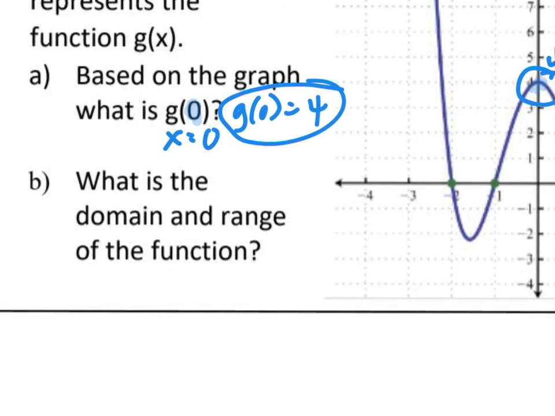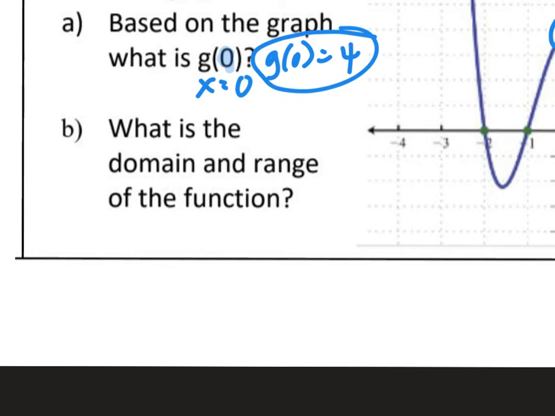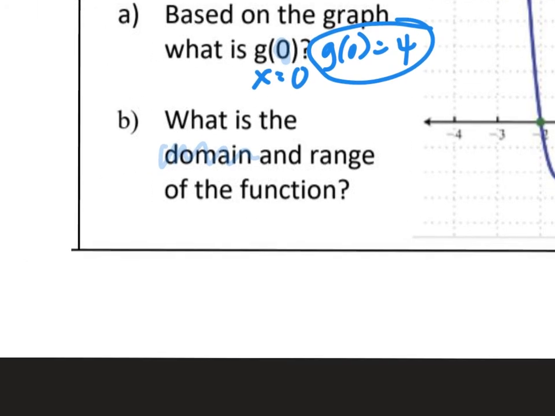Now it's asking what is the domain and range of the function. For the domain, we want to think about our x values. When we start writing our domain, especially in interval notation, we want to think about what's our lowest x value.